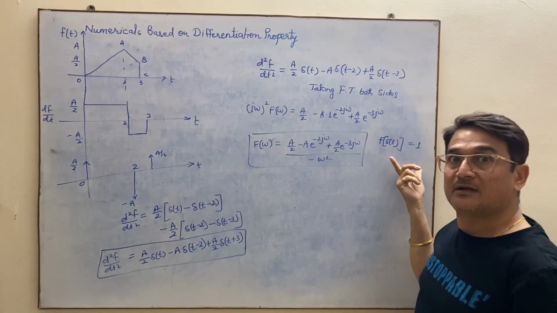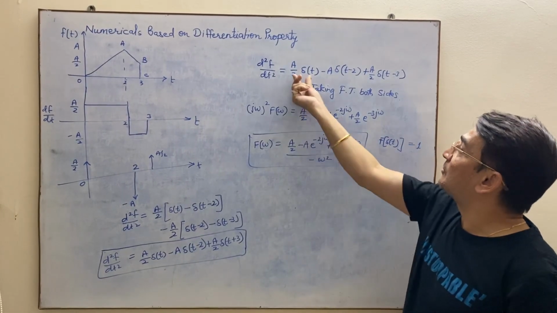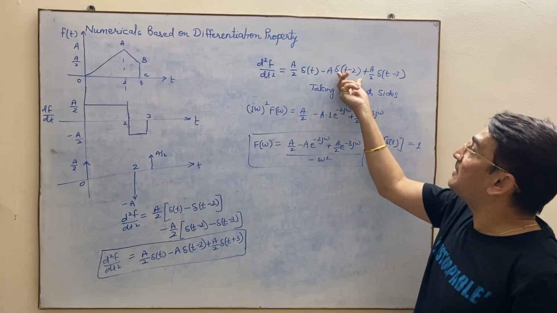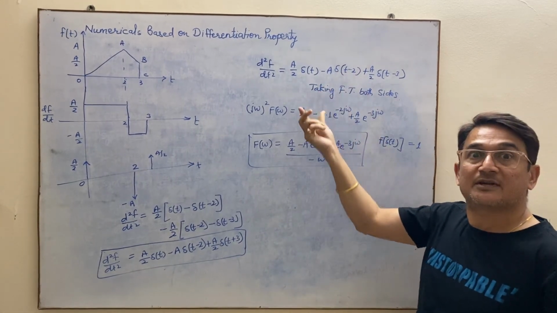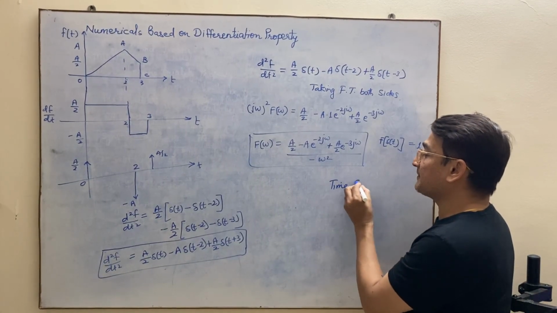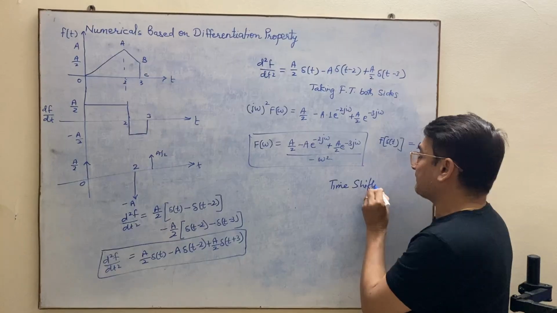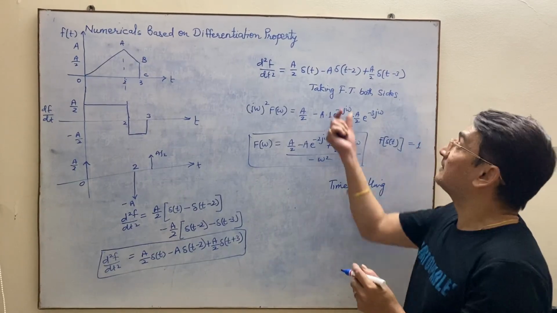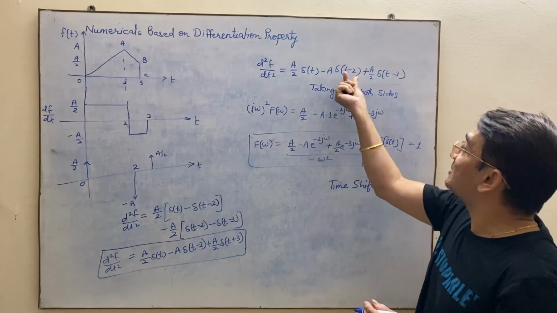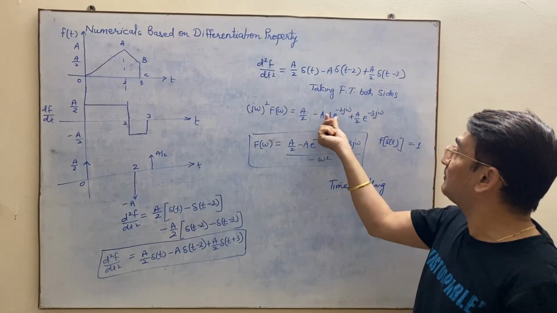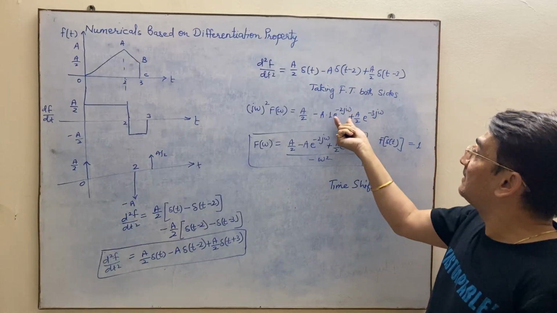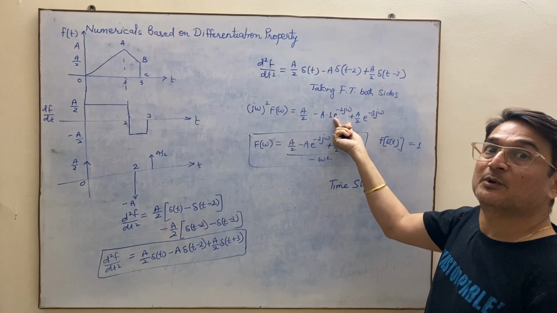This we have already covered. So this is a by 2, then this is a delta t minus 2. In delta t minus 2, we are applying the time shifting property. What does the time shifting property say? That function will give the Fourier transform, that is delta t's Fourier transform, which is 1, and then the shifted part is multiplied in the exponential term.